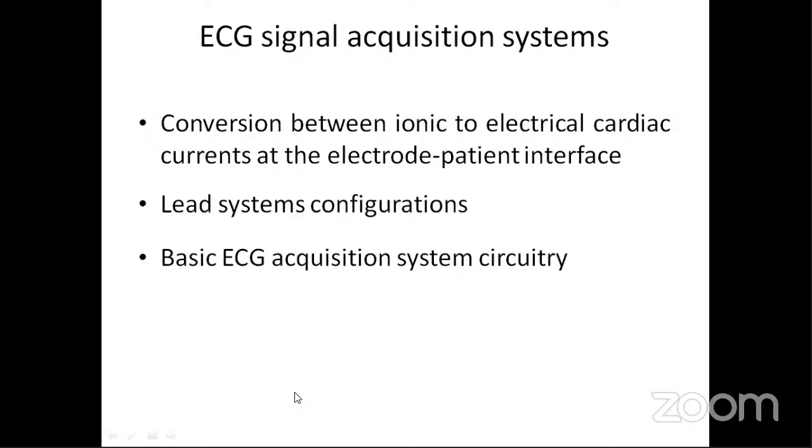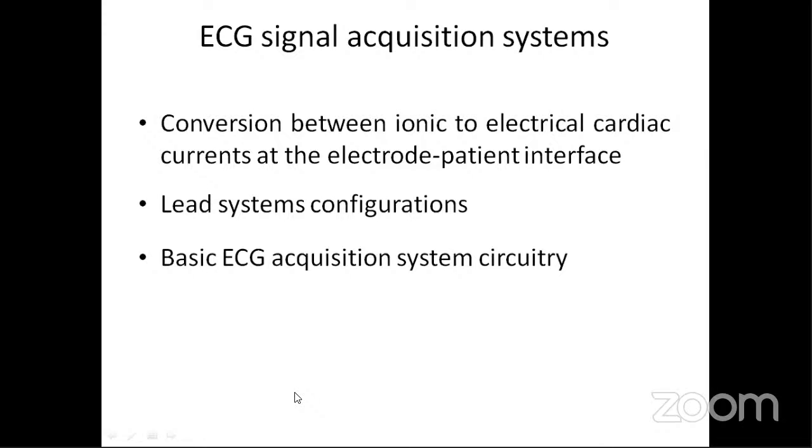If you are doing it as a real-time process, we should know about the acquisition system: how it is acquired, what lead systems are available, and what basic circuits are available to acquire the ECG signal. First thing is the conversion between ionic and electric cardiac currents at the electrode-patient interface. That is very important.